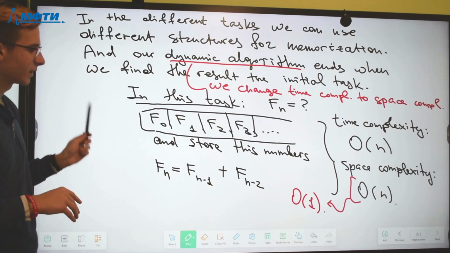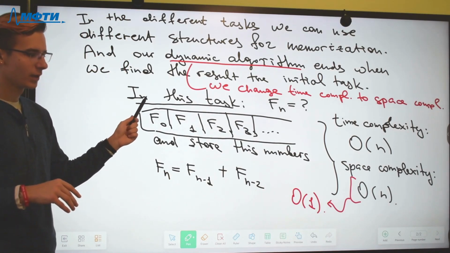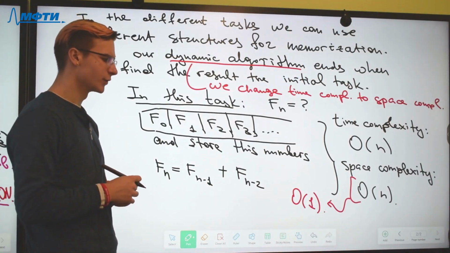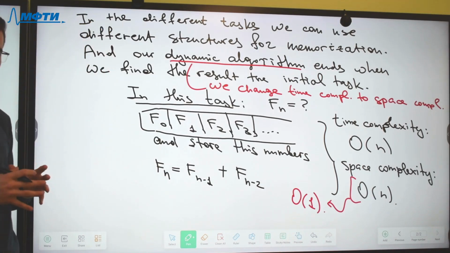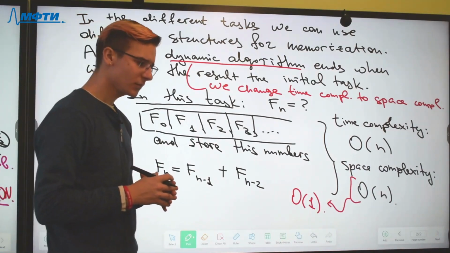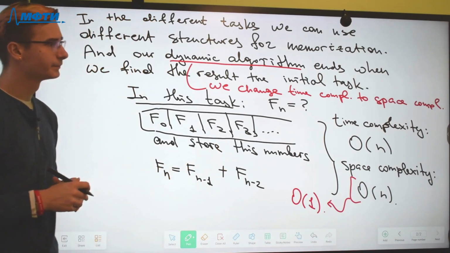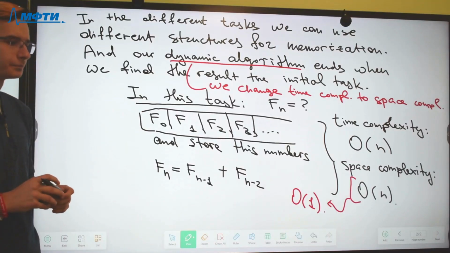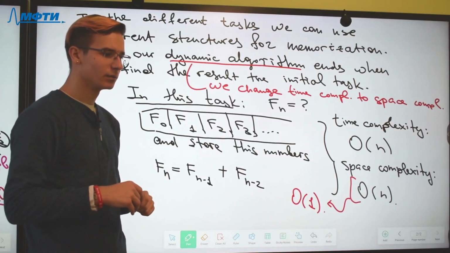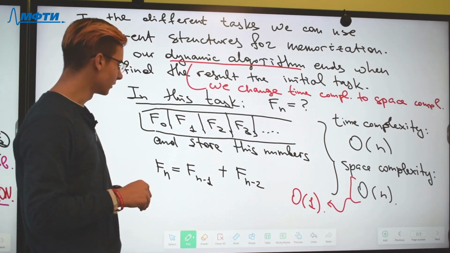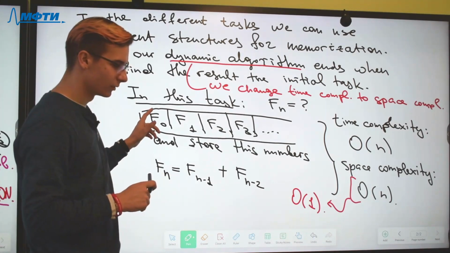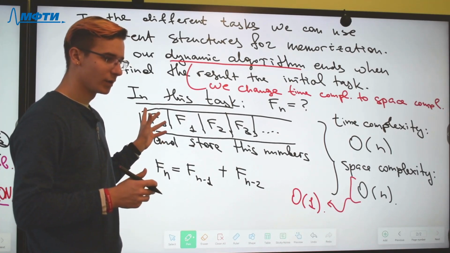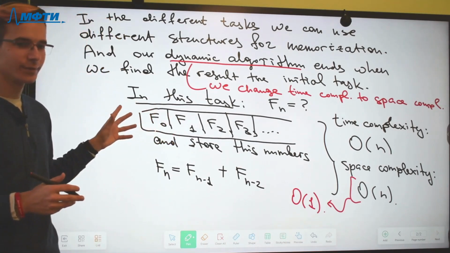Because, for example, in this task, we need to store only integer numbers, and the memory that we use for it is very small, and a lot of language properties or properties of hardware memory make the solution of this storing quicker, because of a lot of use of integer numbers.